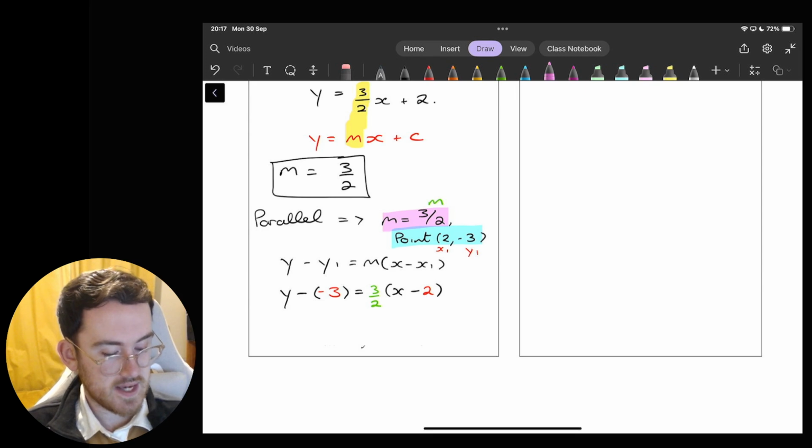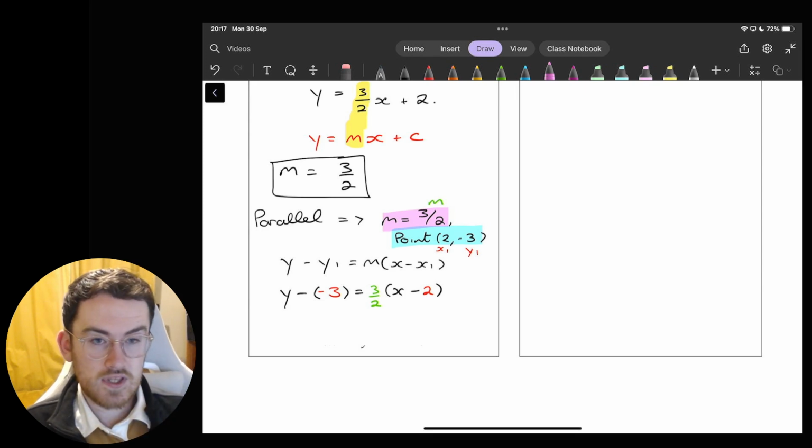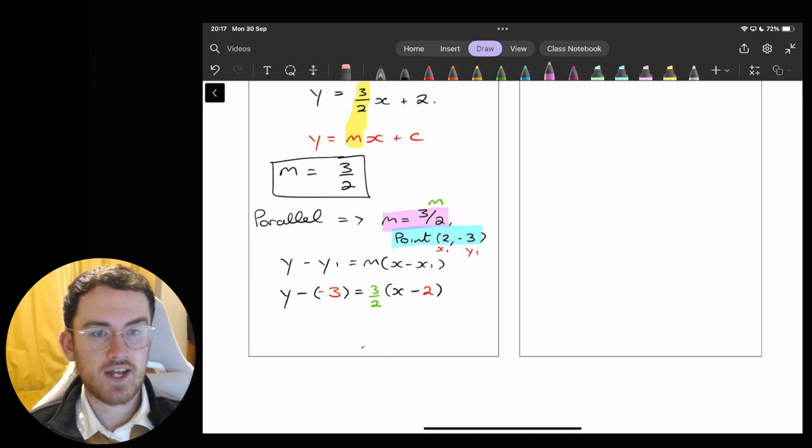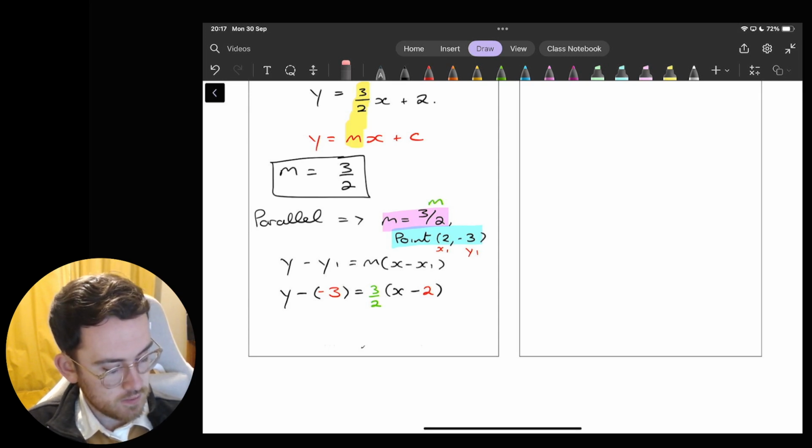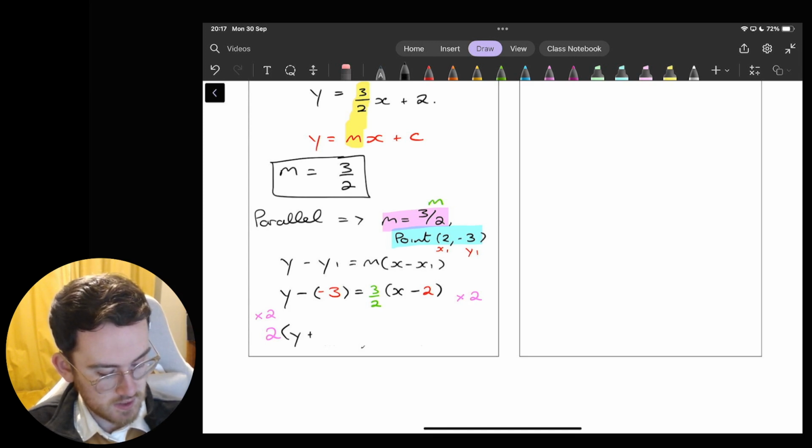So what we had done, even in our fractions chapter in algebra, was to choose to get rid of our fractions at this point. So we're going to multiply both sides by 2 in order to eliminate the fraction. That's going to end up with 2 on this side, and that becoming y plus 3, and 3 left on this side with x minus 2.